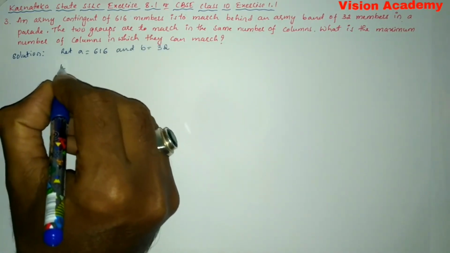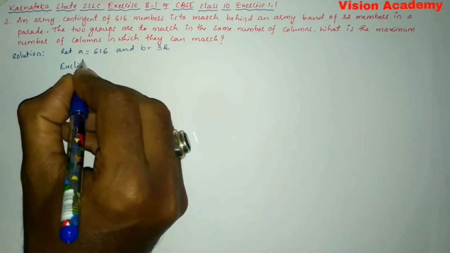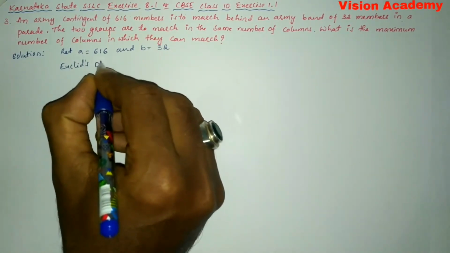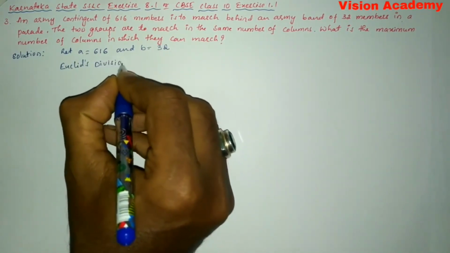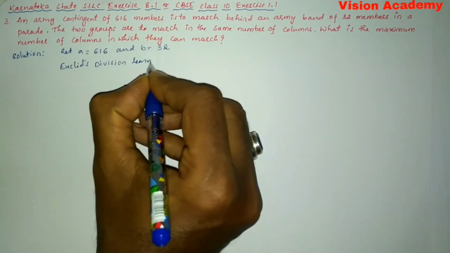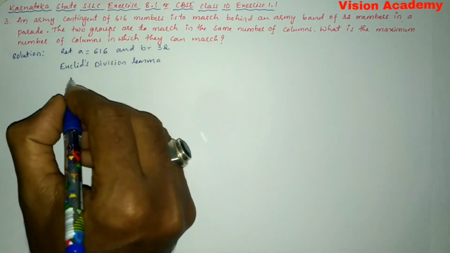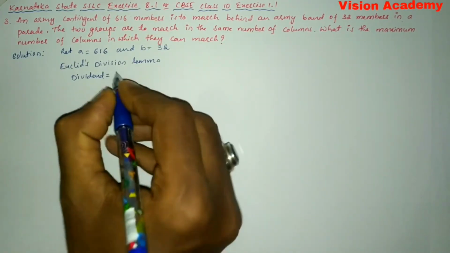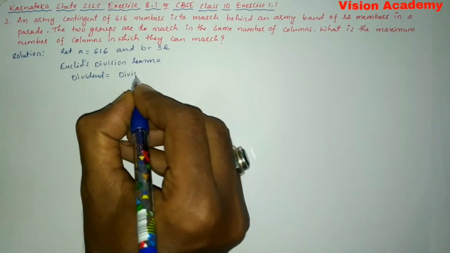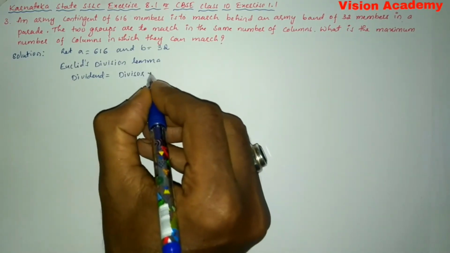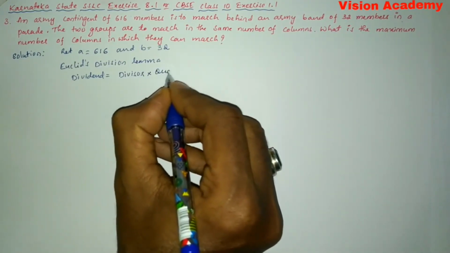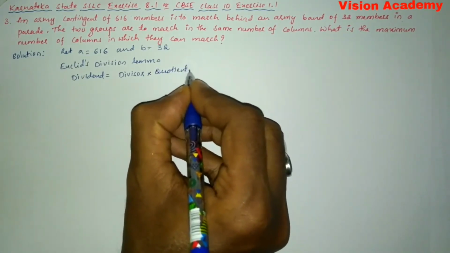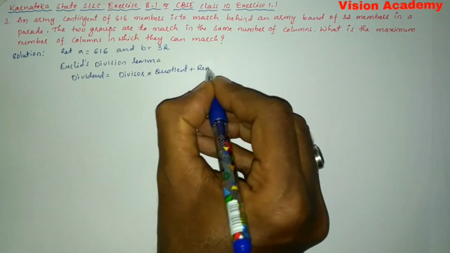So according to Euclid's division lemma, we can write dividend is equal to divisor into quotient plus remainder.